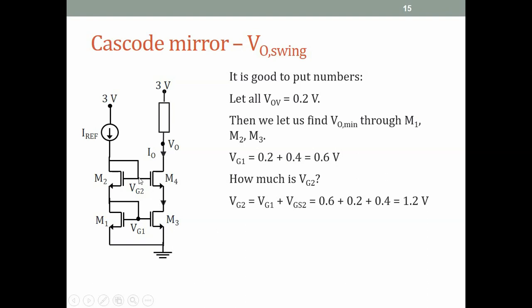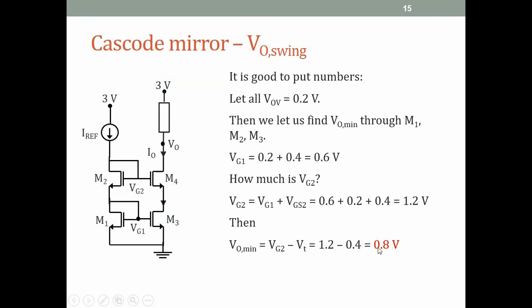So if VG2 is 1.2, then VD3, this node voltage, has to be 1.2 minus 0.6, so it has to be 0.6 volts. Now this is one overdrive. Therefore, VO min is 0.6 plus 0.2 equals 0.8 volts.